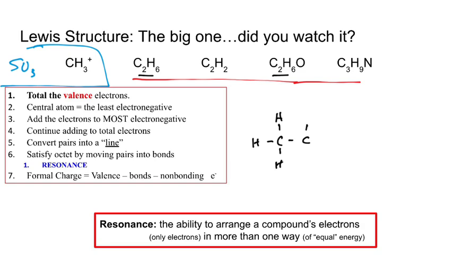Remember we had C2H6? That was this one. But I need an oxygen. Can I bond an oxygen in there? Not with that. So what does that mean? Yeah, like that. Something's wrong.